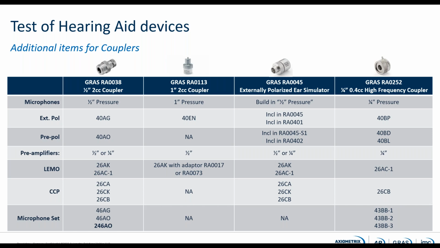We can only use a 1/4-inch amplifier with these microphones. The 0.4 cubic centimeter is also available in microphone sets, as a complete kit called 43BB-1, 2, and 3, depending on what type of microphone, what type of sensitivity you would like to have.